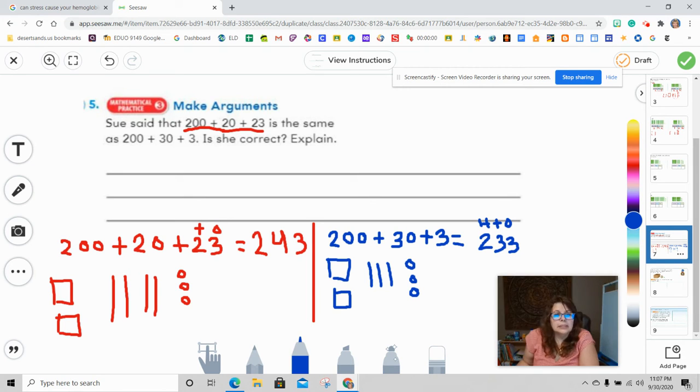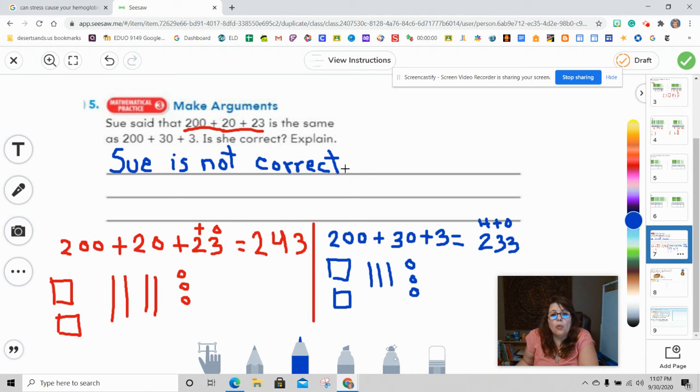So I'm going to say Sue is not correct. Because they want us to answer that question. Is she correct? No, she's not correct.